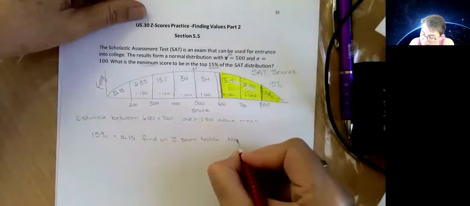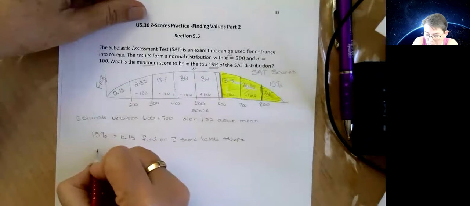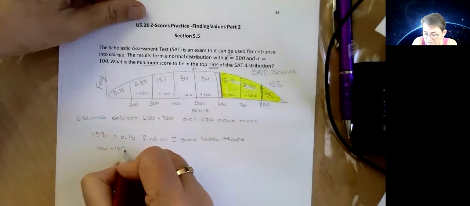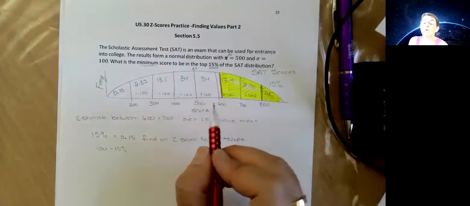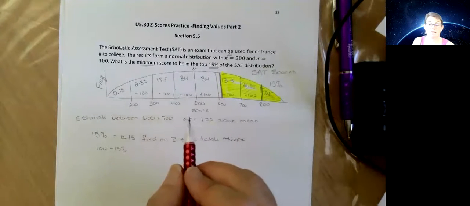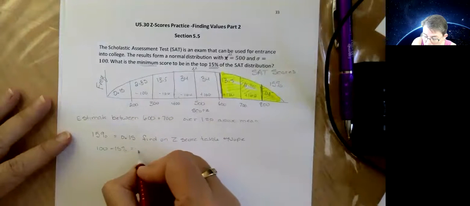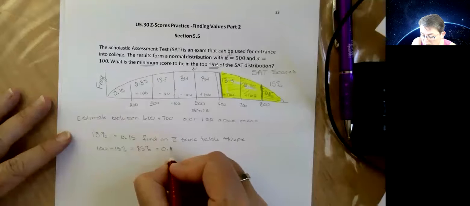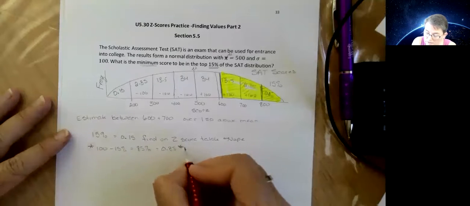So nope, we're not looking that up. We're going to go 100 minus 15%, because anytime you're looking to find more than, you need to subtract to begin with to get the right percent. That is 85%, 0.85. This is what we need.